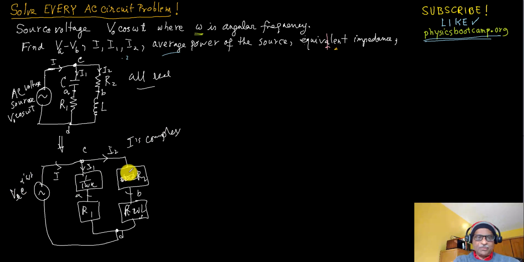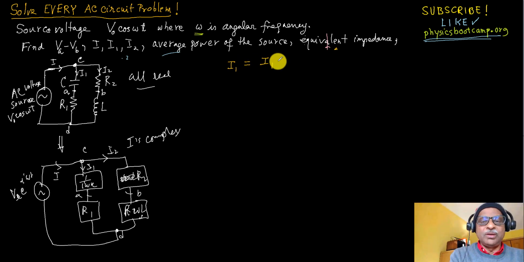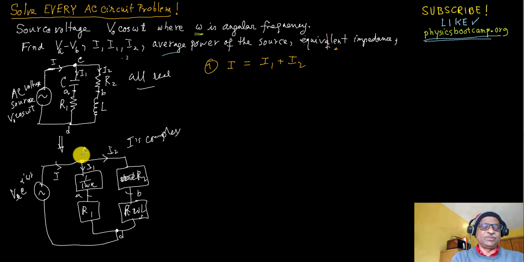So we just have to set it up. First notice that I is equal to I1 plus I2. The current comes in and divides, and it has to be the same because over here no current is accumulating.